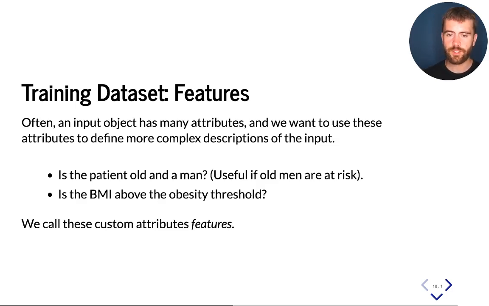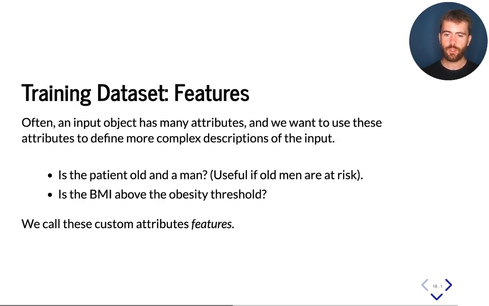And also I want to add that in principle, if we use certain kinds of algorithms, they should be able to learn automatically from data that being an old man is something that puts you at risk of diabetes. But often this may be difficult because either the algorithm may not have the right structure to do this, or we may not have enough data. And this is why creating custom features is really important for making the algorithm work.